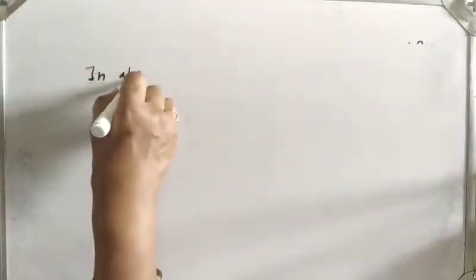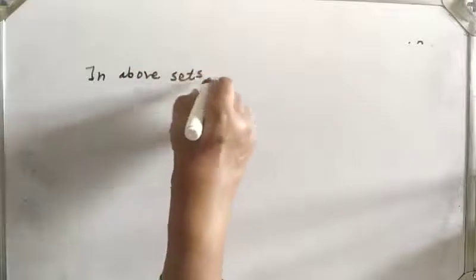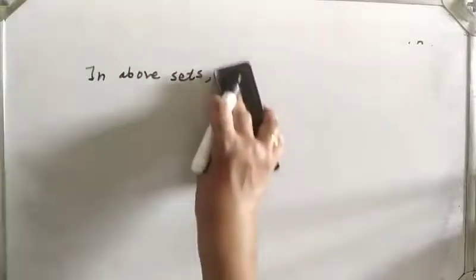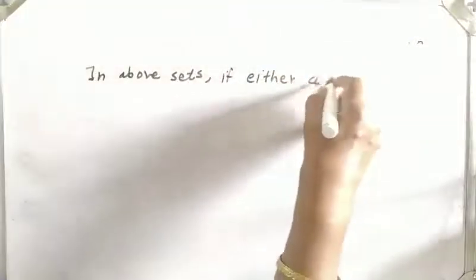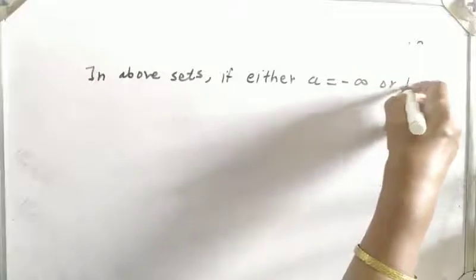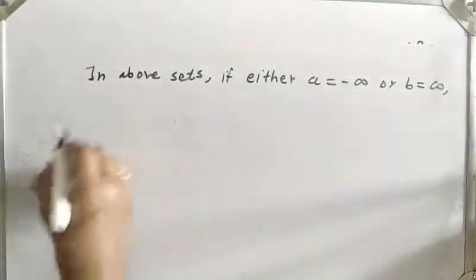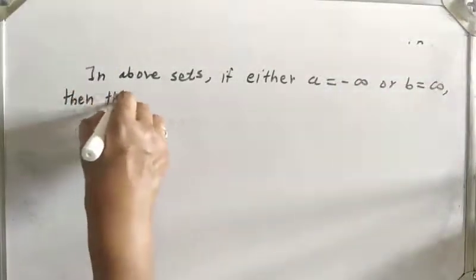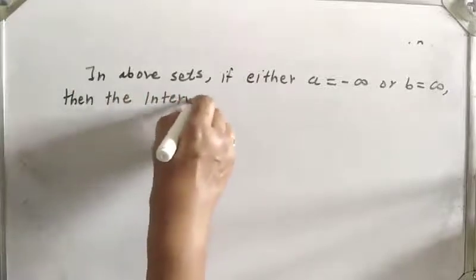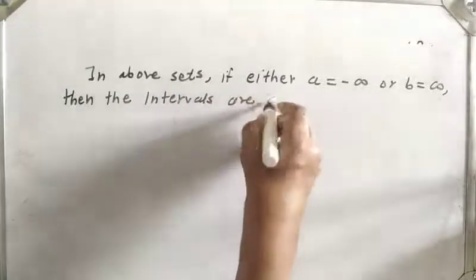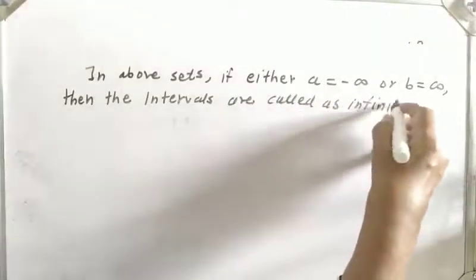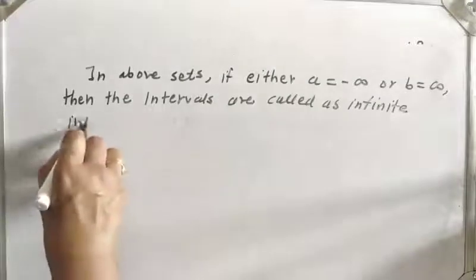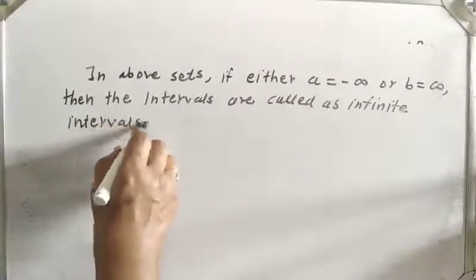Okay, so we can write, in the above sets, if either A is equal to minus infinity or B is equal to infinity, then the intervals are called infinite intervals.